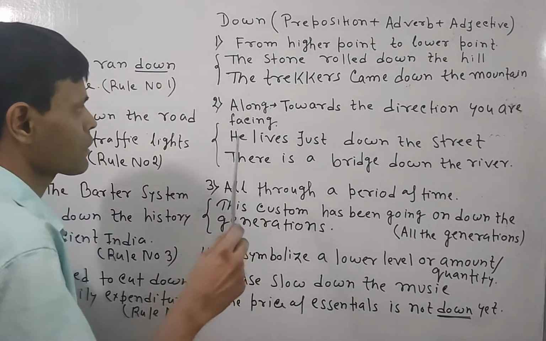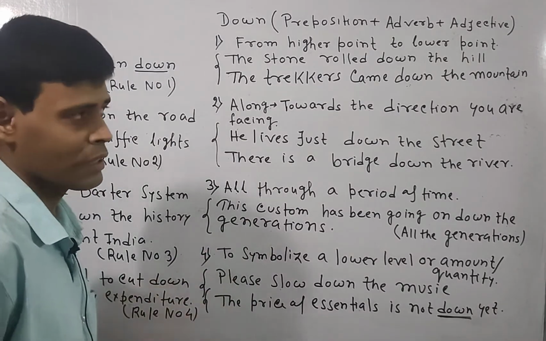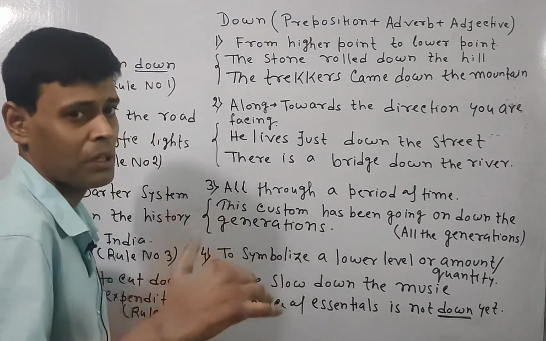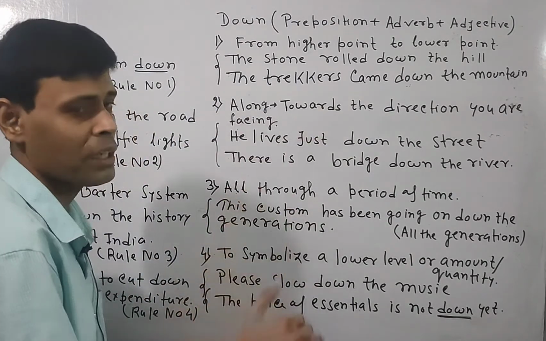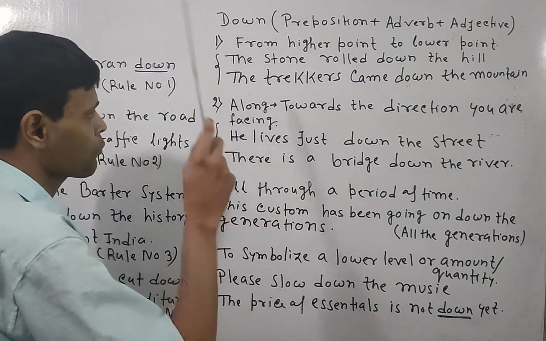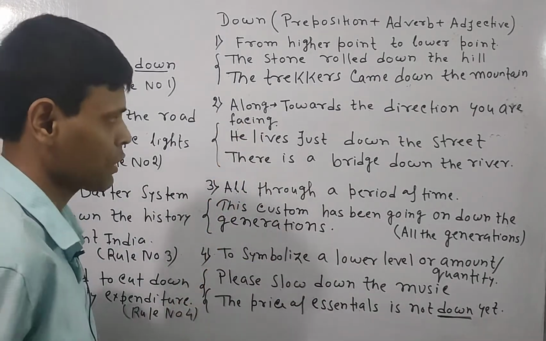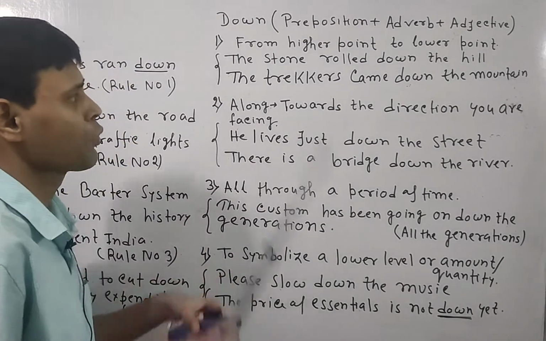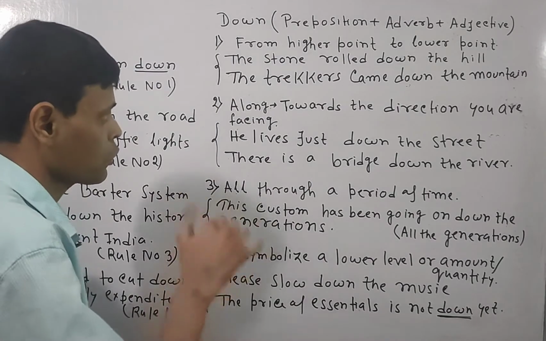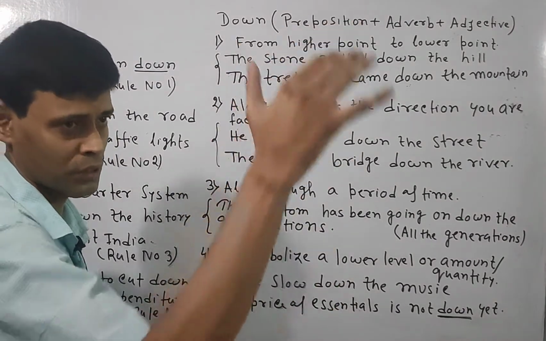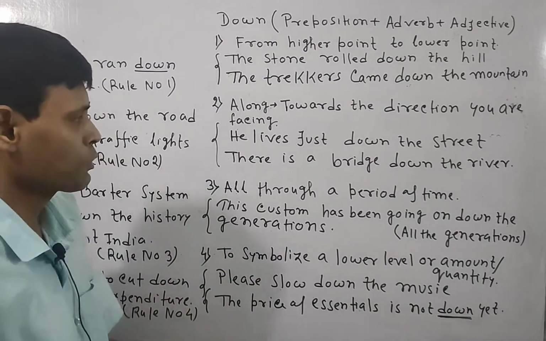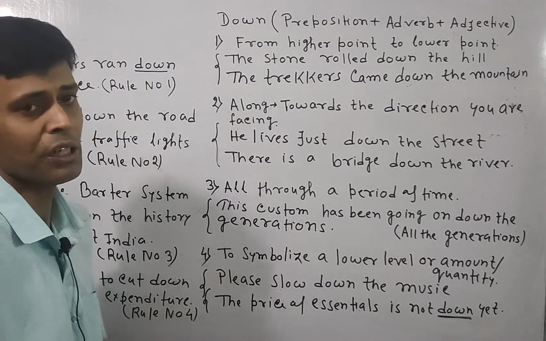Whenever the stone was rolling down the hill, the stone was upon the hill, that means it was holding a higher position. Now it is rolling down. So from a higher position to a lower position, we can use the preposition down. The stone was up the hill, now it is getting down.